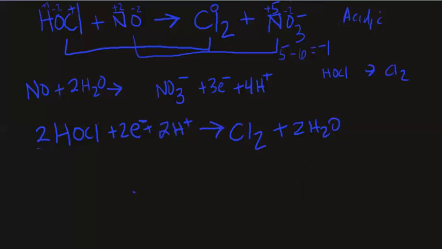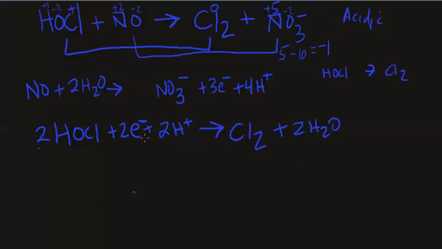All right, so I cleaned it up, and here are 2 half reactions. So this half reaction has 2 electrons on the reactant side. This half reaction has 3 electrons on the product side. So we need both of these to have the same number of electrons, because the electrons need to cancel out in the final equation.